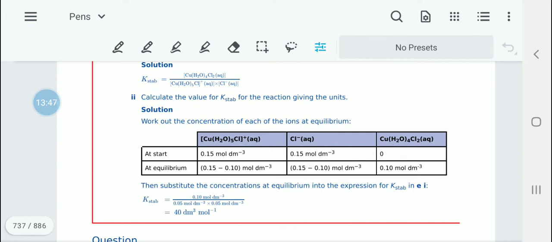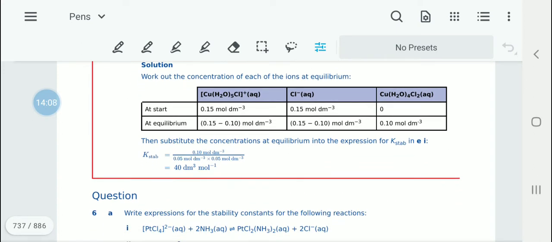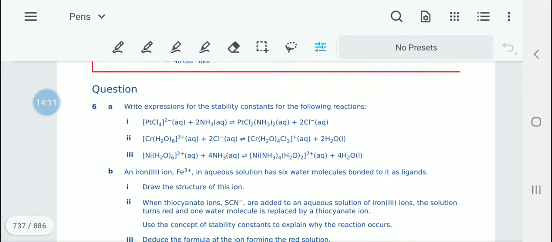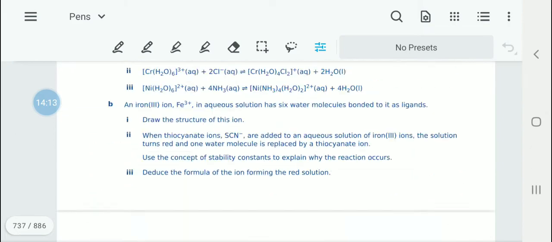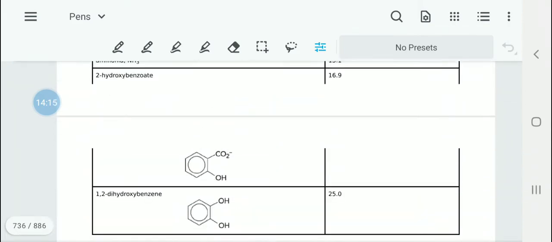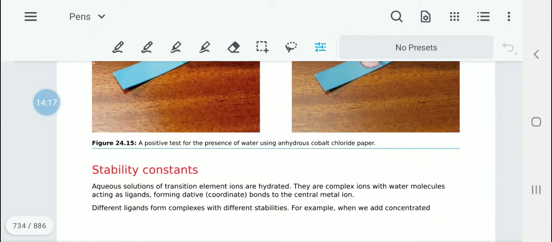Initially there was no Cu(H2O)4Cl2 complex, there was none. Then at equilibrium they have given what is being produced. So the difference of that is going to be left at the end. Then you find the K stab value using the values that they have provided. I hope you understood. If you understood, you will have to go to question number 6, but before that let's write down a note. If you didn't understand, please ask questions.